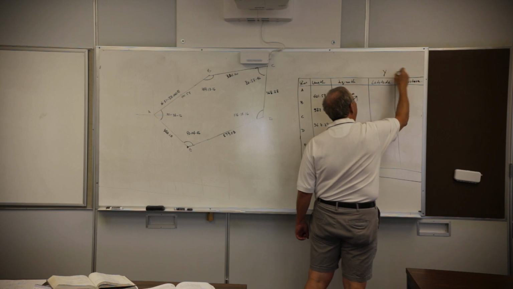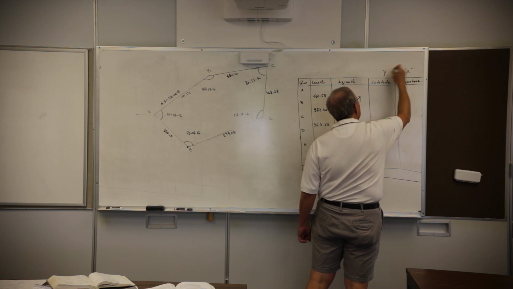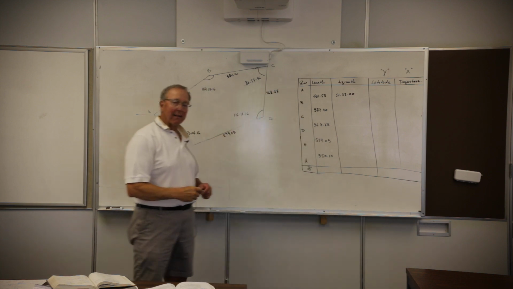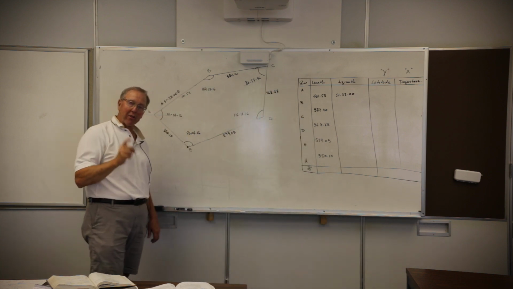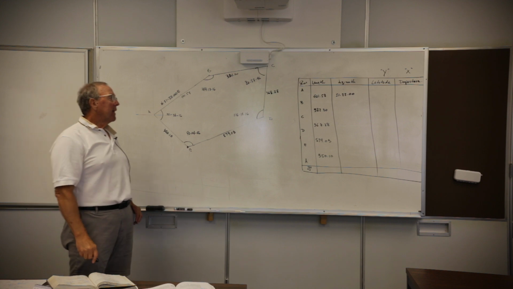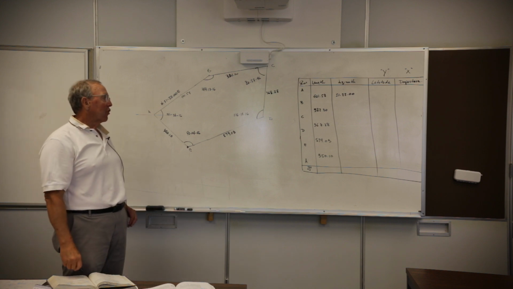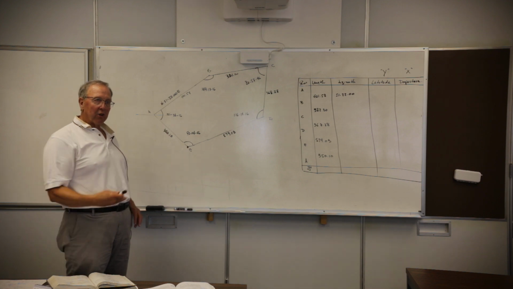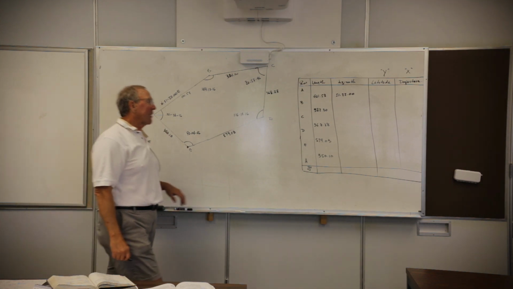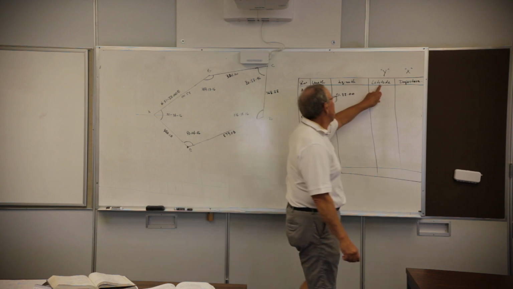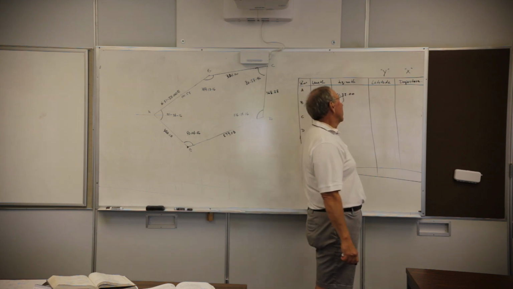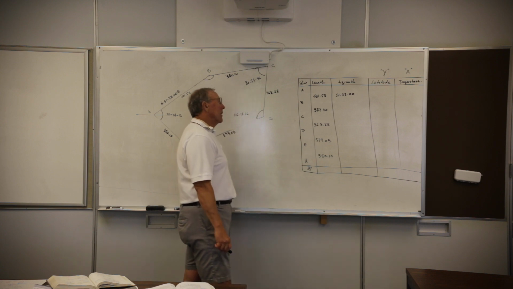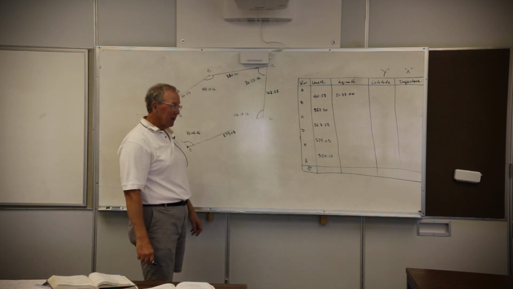And this is the Y and this is the X. If you want to go back to your old way of thinking, a latitude is associated with northerly, and a departure is easterly. And notice that's the way we have them in our ordered pair, north, east. So this is actually the northerly one, and the departure is the X, or the easterly.